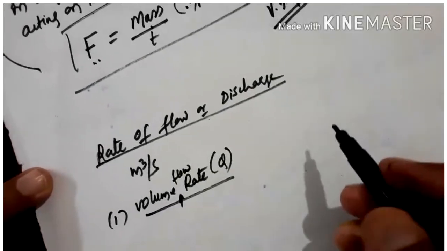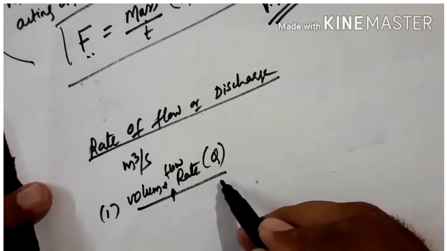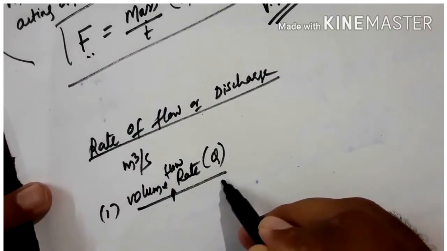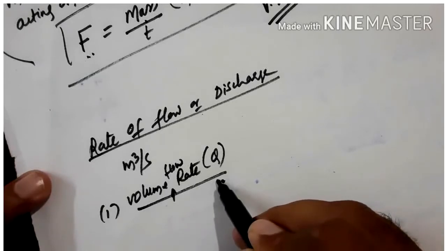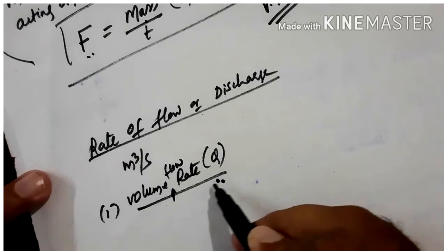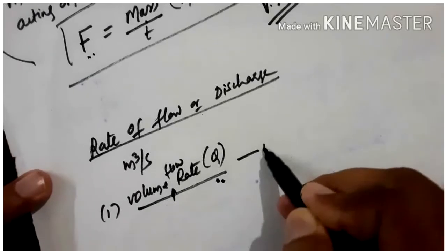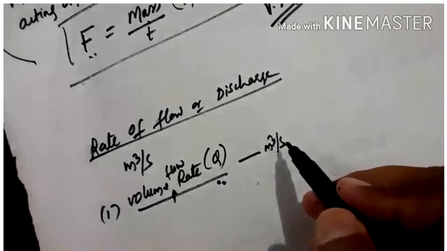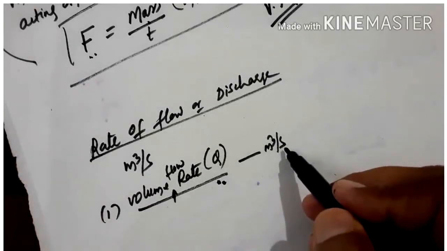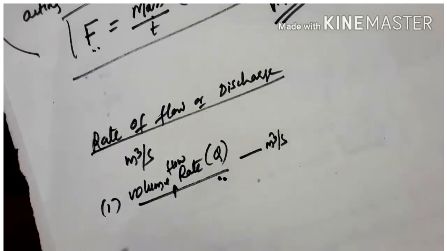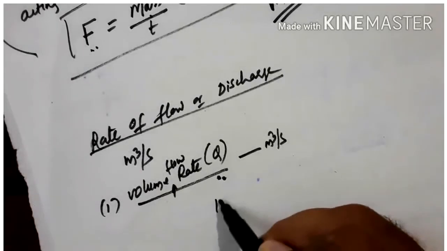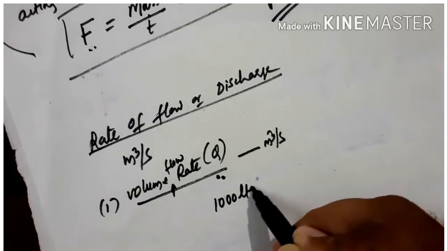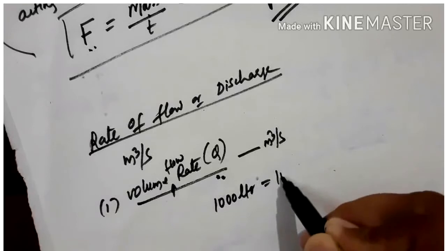So how can we define this one? It is the volume of fluid flowing across the section in unit time, and it is called the volume flow rate. Its unit is also meter cube per second, or it can be measured in cumecs. As you know, 1000 liters equals 1 meter cube.